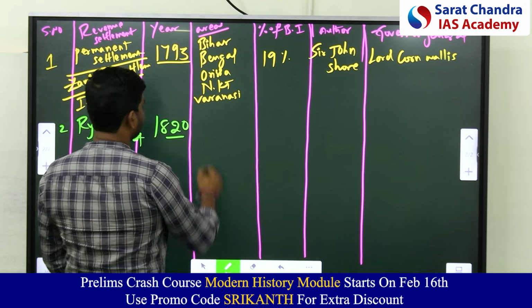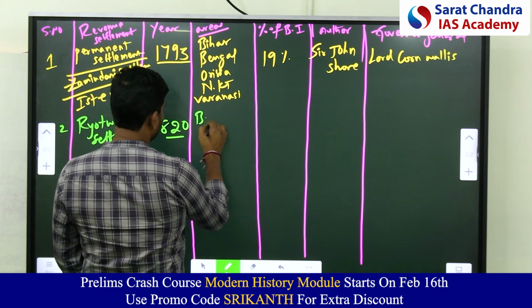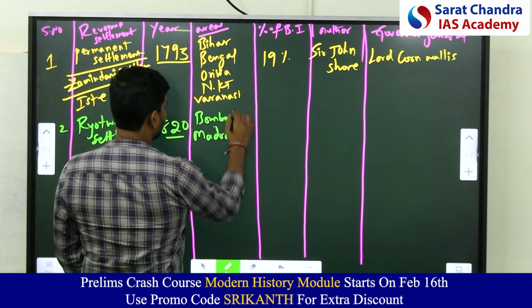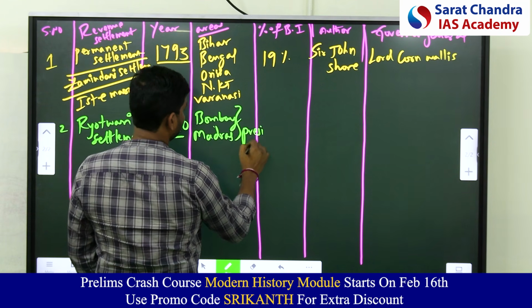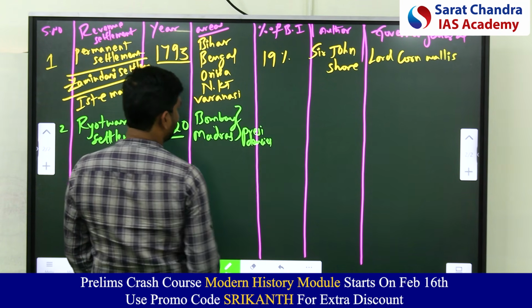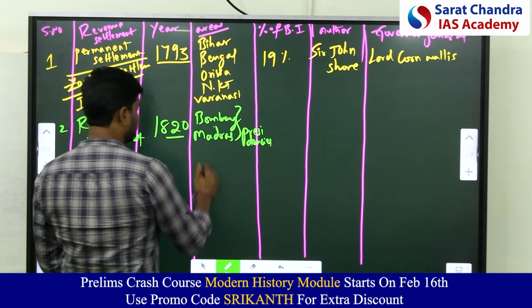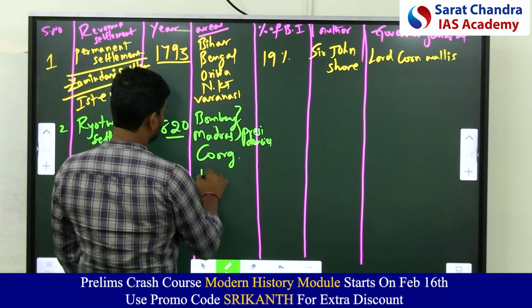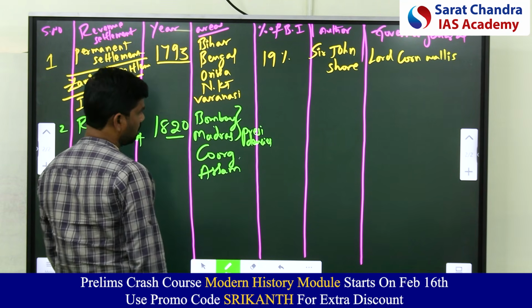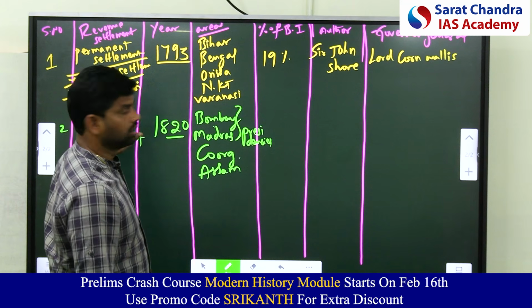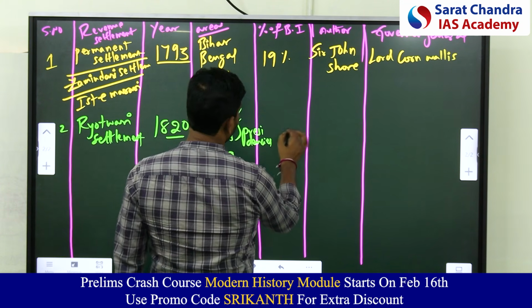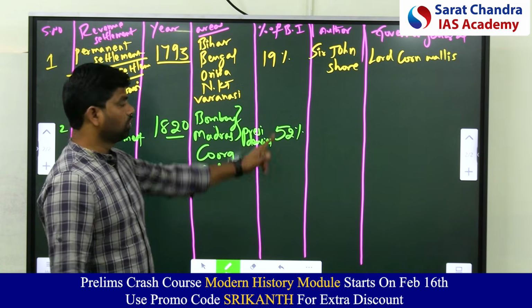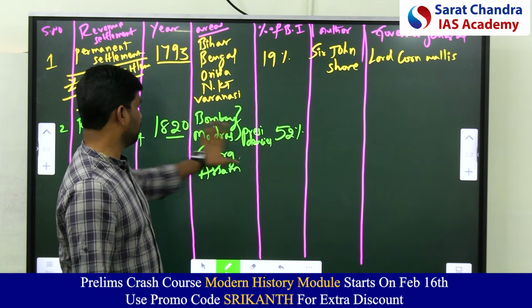The areas covered under it are the Bombay and Madras presidencies, Coorg, which is located in Karnataka, and the Assam regions. This is the largest area covered in British India, almost 52% of British India. This is the largest revenue settlement.